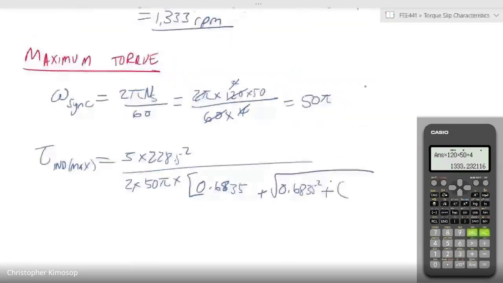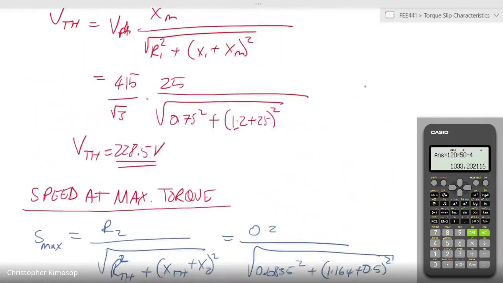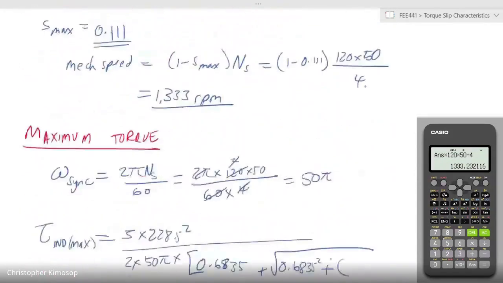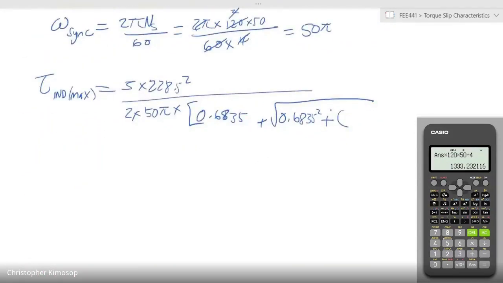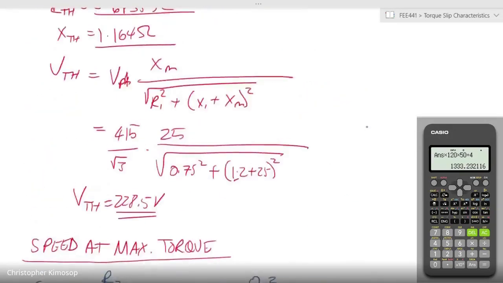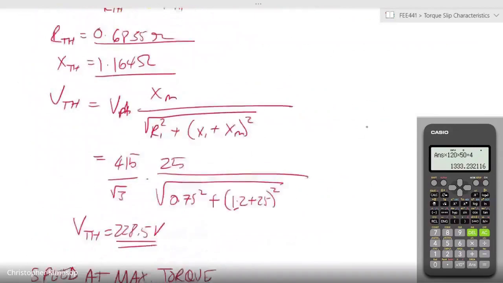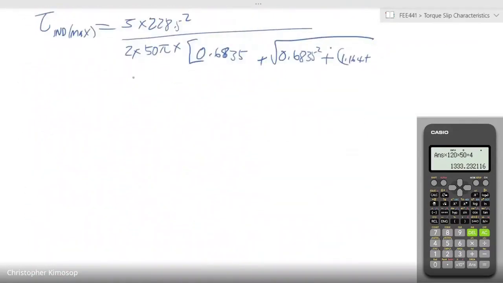X Thevenin was 1.164, 1.164 plus X2, which is 0.5, all squared. Okay, we calculate all that.